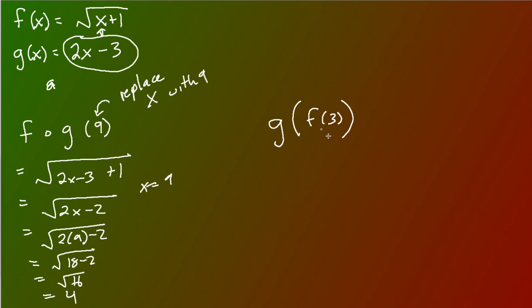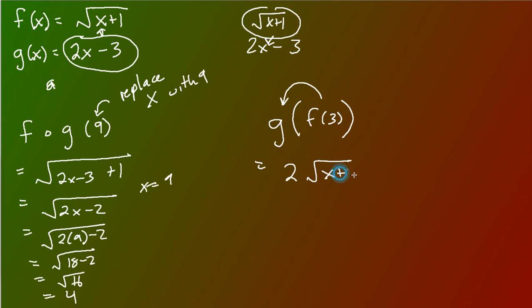Okay, right here, I am going to go ahead and do g compose f of 3. That means f is going to go into g. So that means I have square root x plus 1 and 2x minus 3. This is going into here. So I have 2 root x plus 1 minus 3.